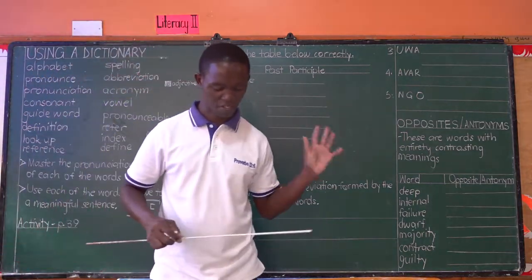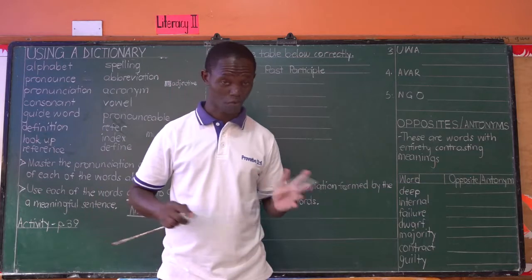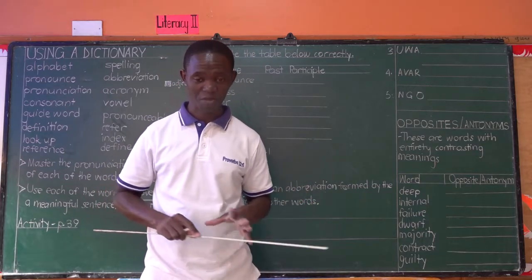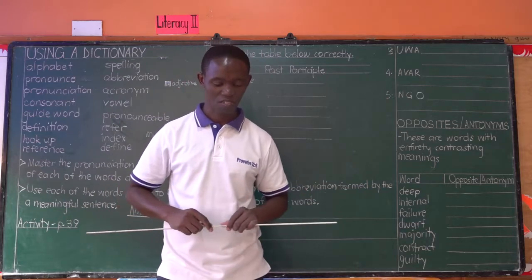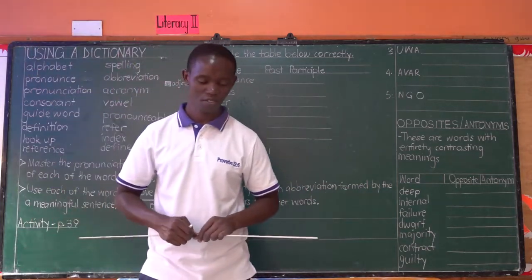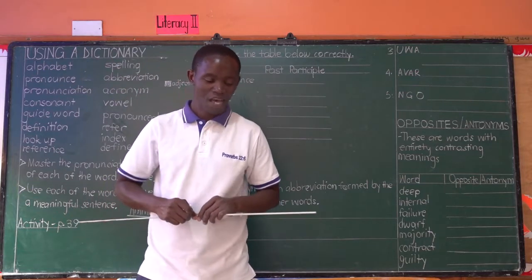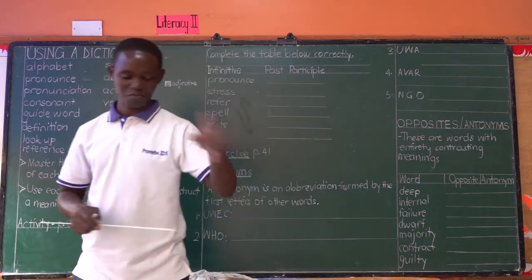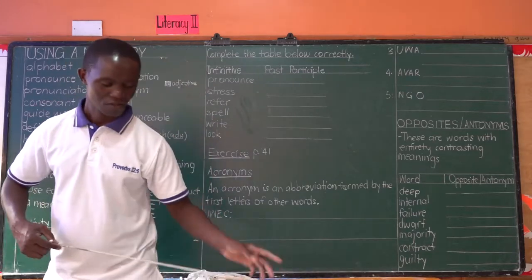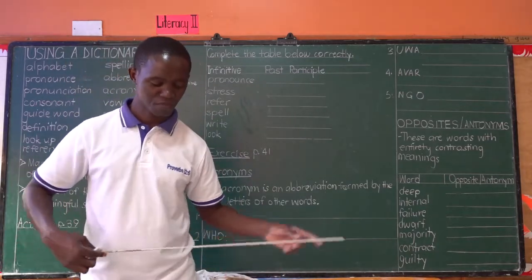For example, I see East African English, where we will find words like matoke, words like mandazi, words like boda boda. Those are words that are used in East African English. They sound like local words, but they are only understood by people who are speaking English within East Africa. That's why they are marked as East African English.